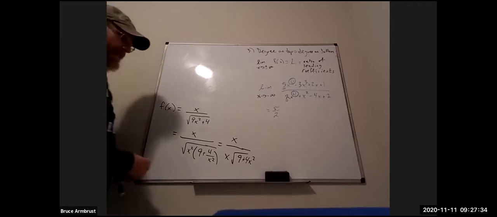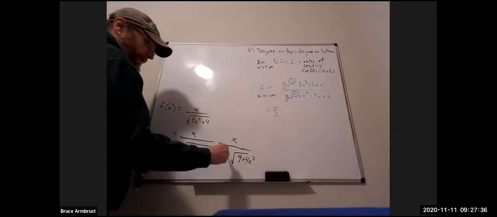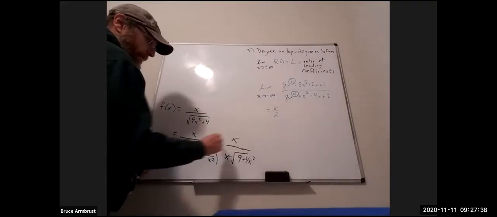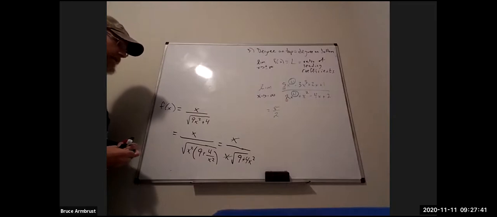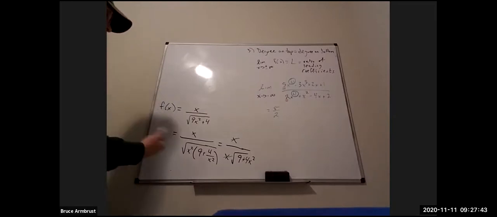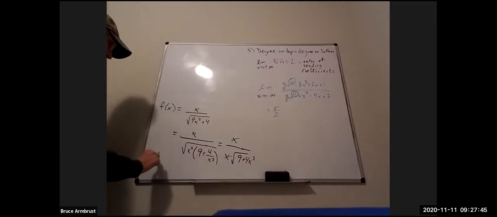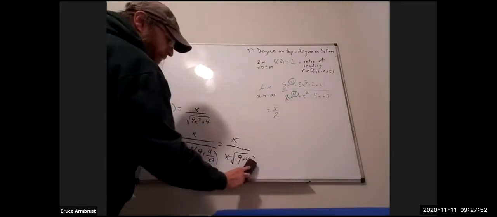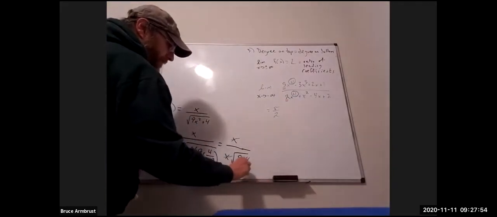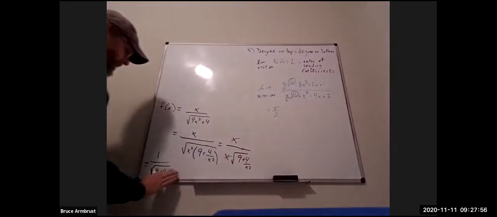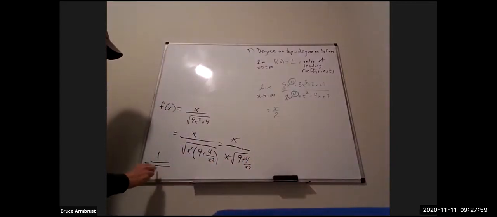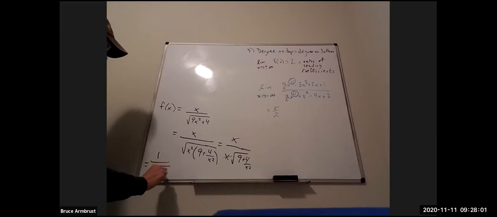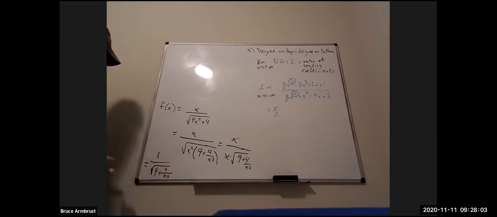And it's pretty easy to see that I can now cancel those x's from the algebra. And so what I'm left with is 1 over the square root of 9 plus 4 over x squared.